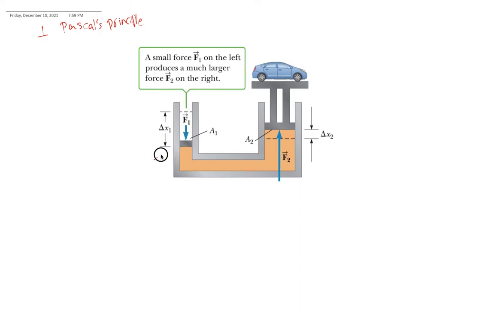This side 1 has a cross-section area of A1, and the other side of the container has a cross-section area of A2, but A2 is larger than A1. This container is filled with the fluid, and on the smaller area side, the side which has area A1, you apply a force F1.